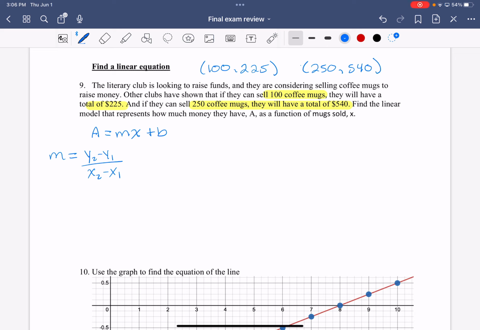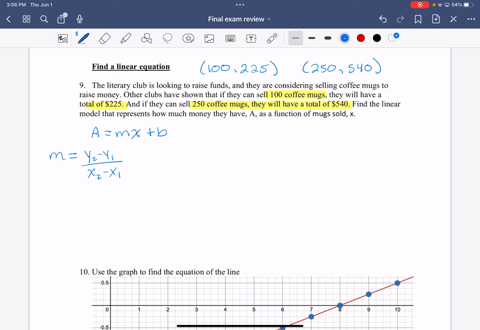In order to identify which of our variables are X and Y, I need to really read the problem, every single one. Order matters. It cannot be 225, 100, for instance.